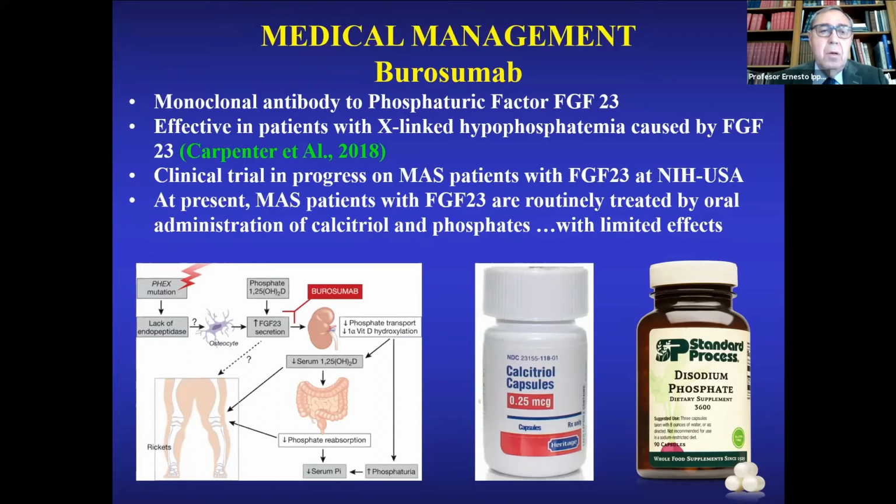But clinical trials are in progress on McCune-Albright patients with FGF23 at NIH USA. At present, McCune-Albright patients with phosphaturic factor are routinely treated by oral administration of calcitriol and phosphates with limited effects, at least in our experience.